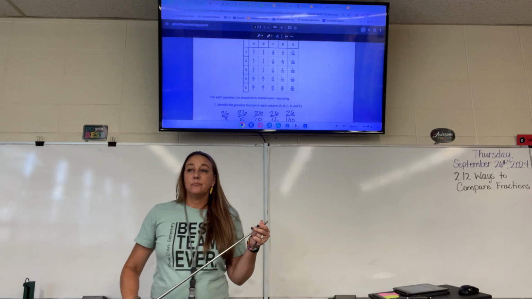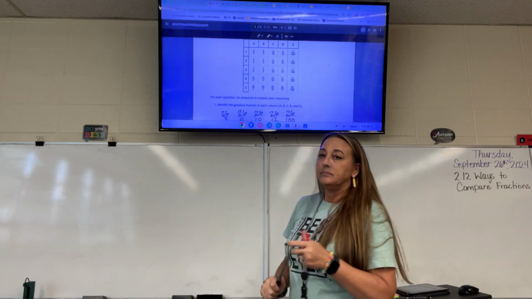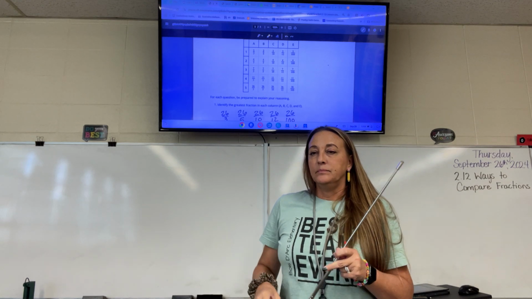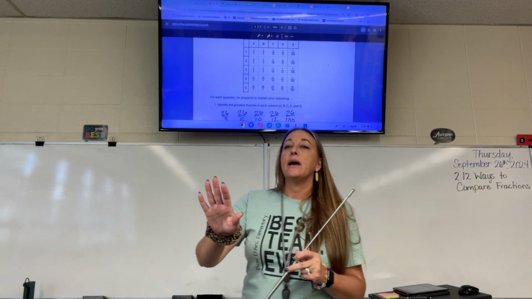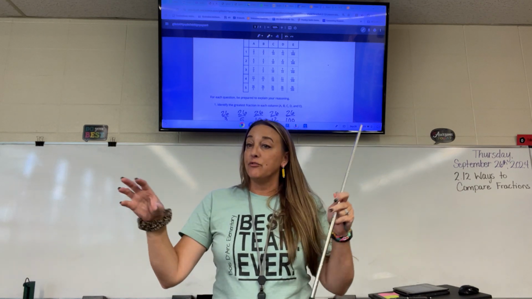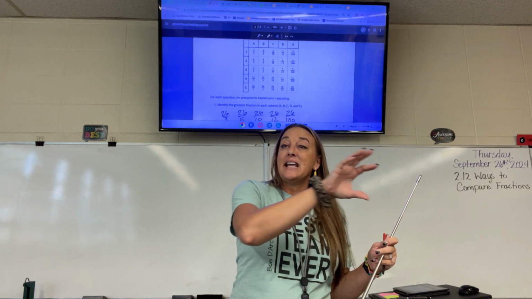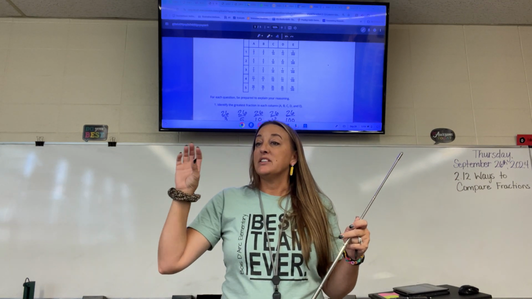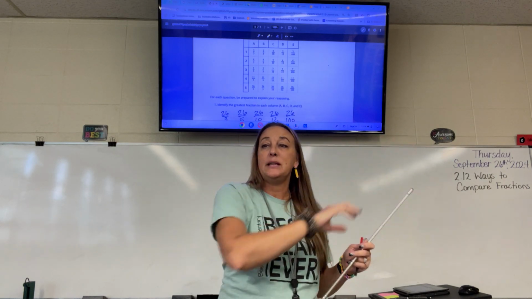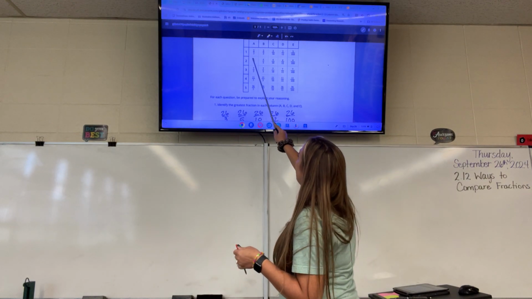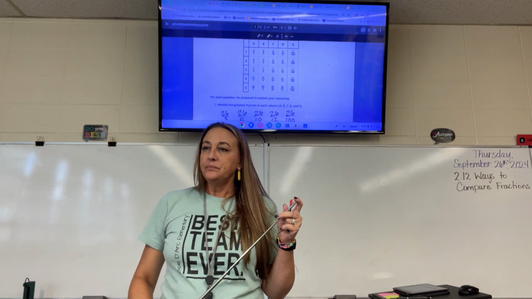No, they're all the same. So here's my question for you. So when you have a bunch of fractions, Evan, and they all have the same top number. So it's all 2 pieces, 2 pieces, 2 pieces, 2 pieces, 2 pieces. How do you decide which fraction is bigger? Go ahead.